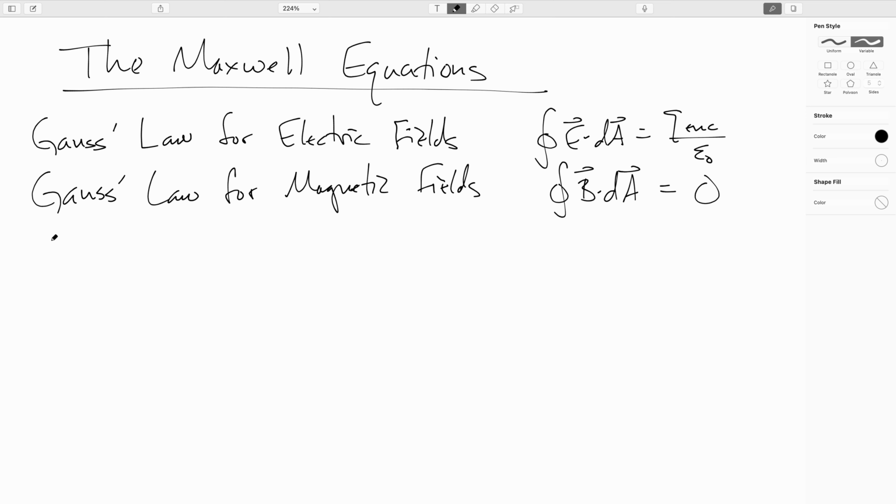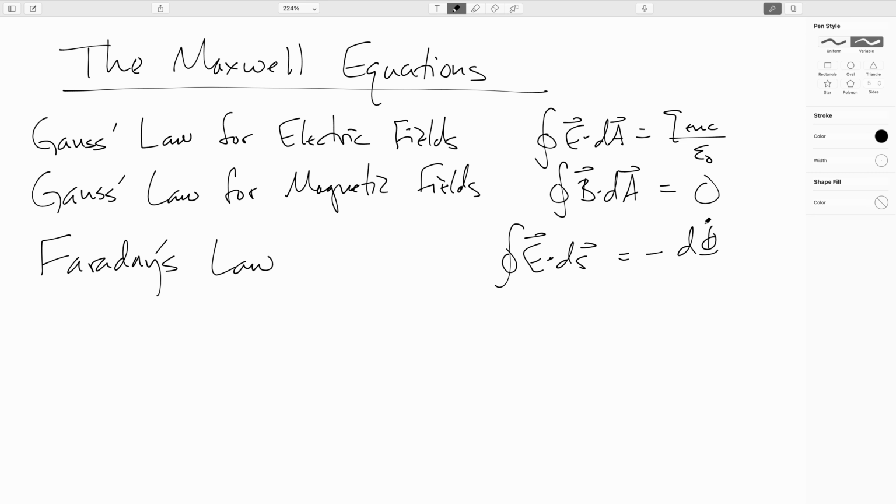Now we have Faraday's law of induction. We usually just say Faraday's law. So Faraday's law says that the integral of E dotted with ds, so this is for an integration path, is equal to minus d phi B dt. So this is saying that there is another way to make electric fields.